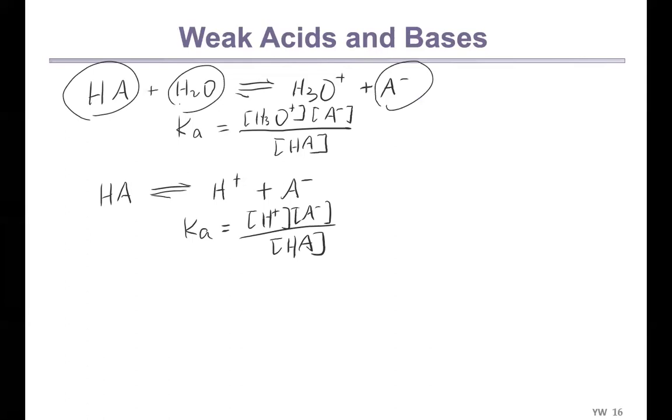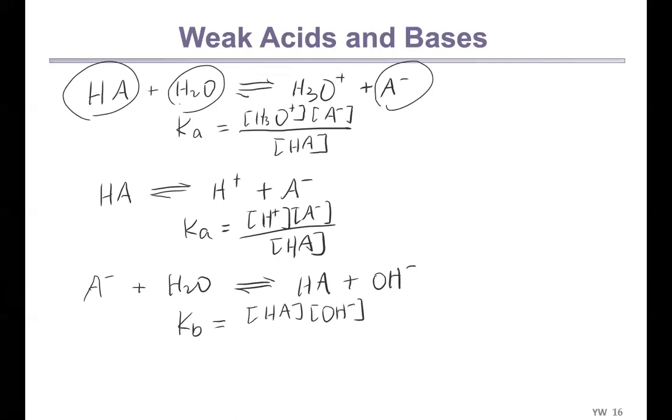Now, if you have A minus to start with as a conjugate base, it's also a weak base. It will go through this reaction. Okay. And for this, we define it as Kb, which will be HA OH minus divided by A minus, okay?